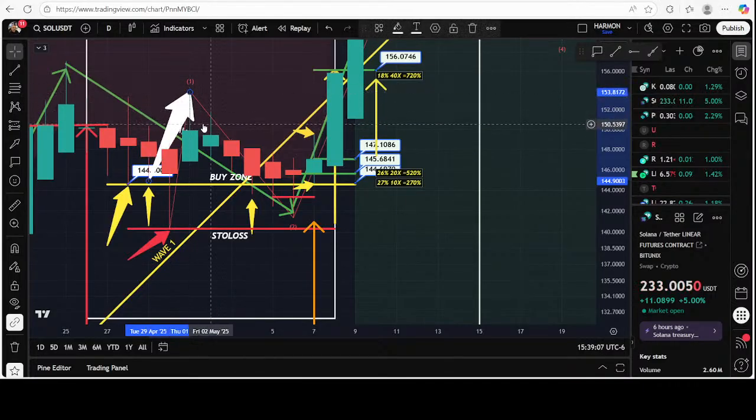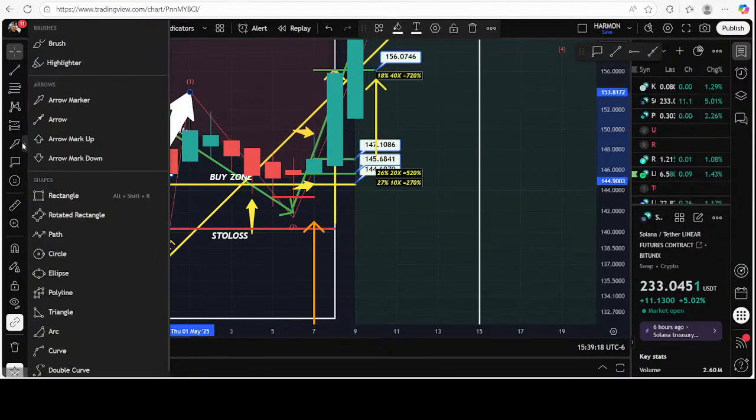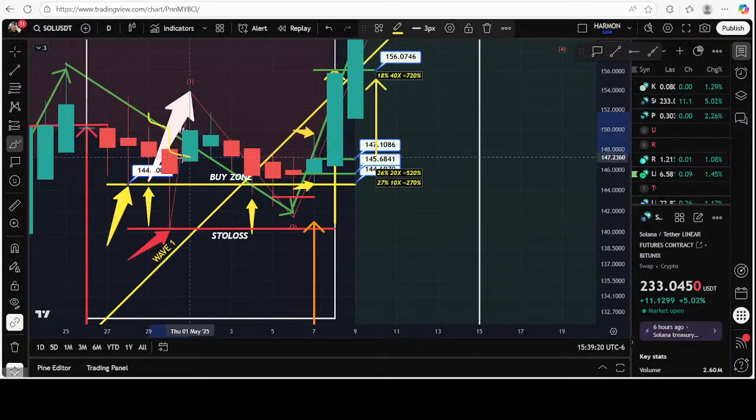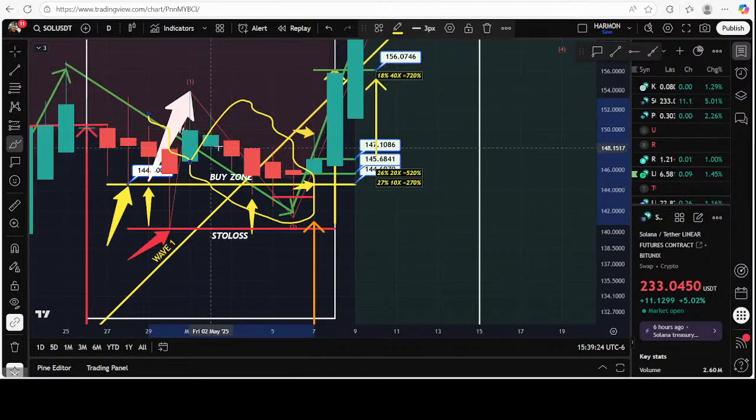Now the weird thing is that this is where most of you guys would say, oh, you're going to FOMO in here because you think it's going back up. And as you FOMO in, notice what happens to your position based on your strategy. It has an entire pullback right here. You see that? This is where you guys get caught in these secondary pullbacks that wipe out your profits. Does that make sense?